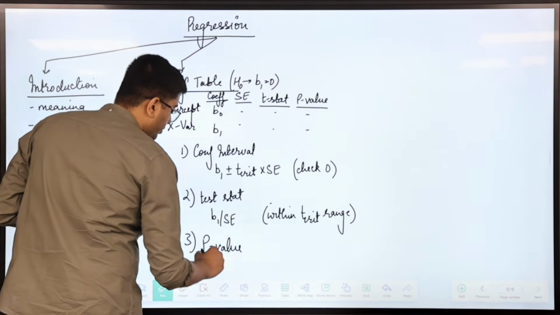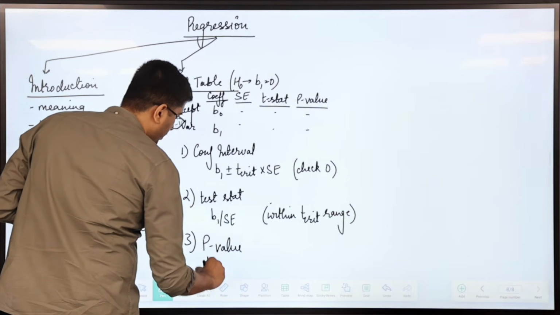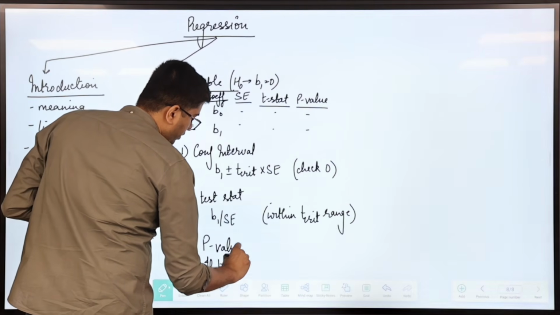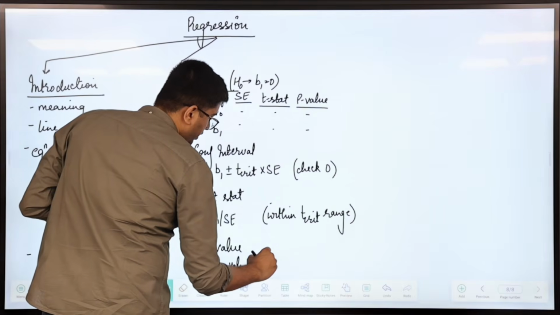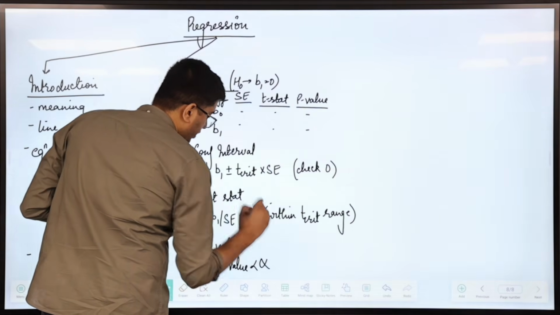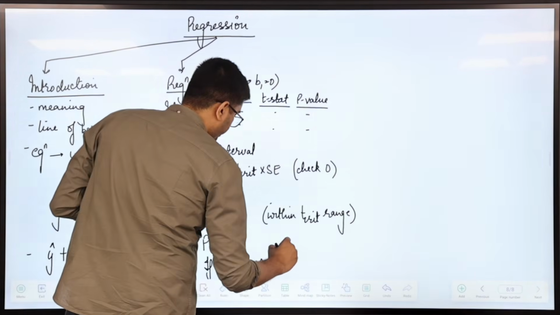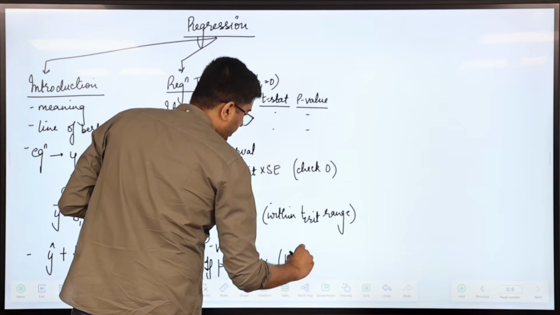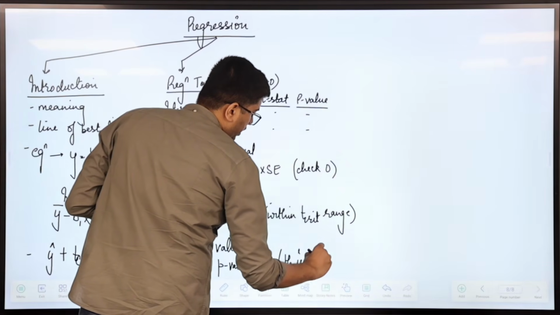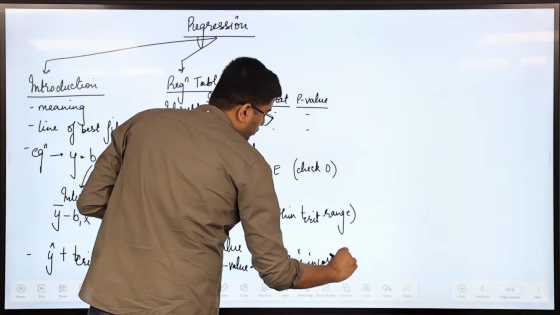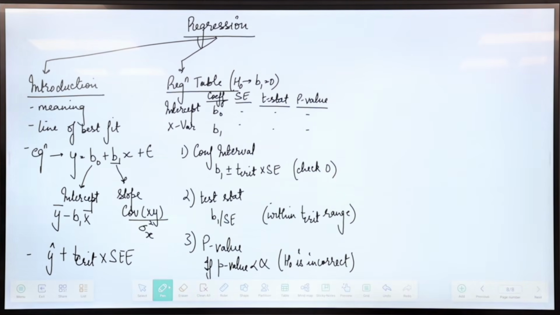So the rule is simple: if the p-value is less than alpha, the level of significance, then the null is incorrect. So we want the p-value to be as low as possible for me to conclude that my result is statistically significant.